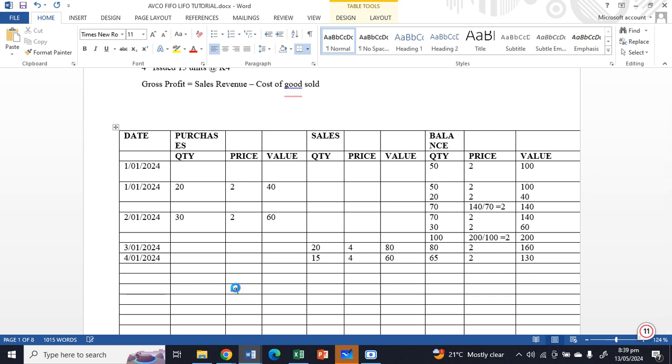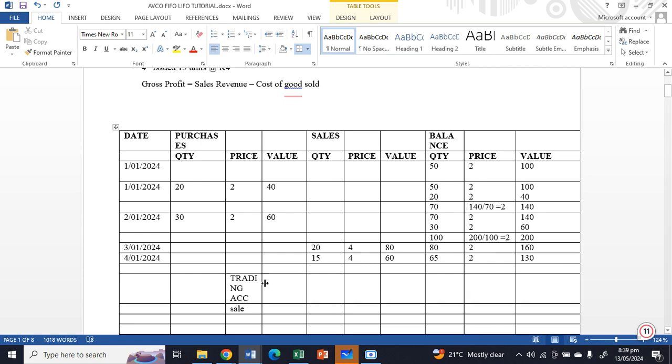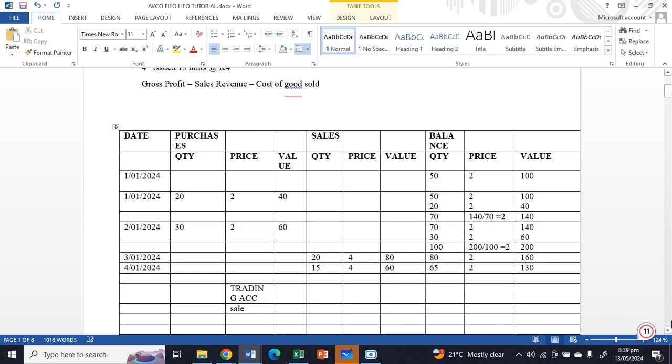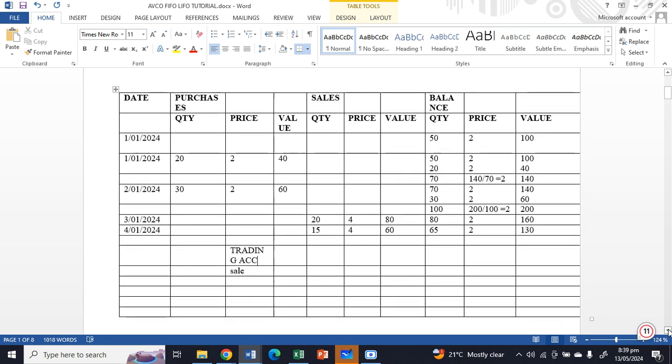We get our sales revenue. All right, so we total how much we made in sales. So we come to the value section here. 80 plus 60, that is 140. So we made 140 kwacha in revenue.